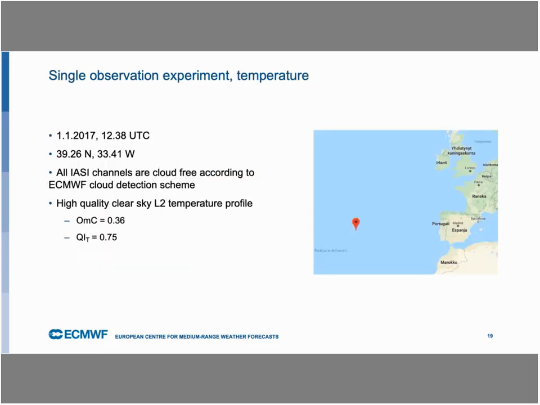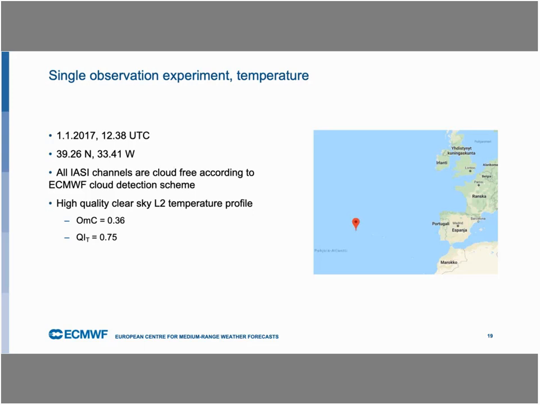And to emphasize the importance of taking into account the full observation error correlation, I will show you some results from a single observation experiment. So we selected one profile over sea in clear sky conditions. So the ECMWF cloud detection scheme was indicating that the full radiance profile was cloud-free in this location.